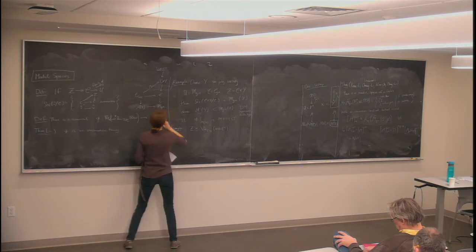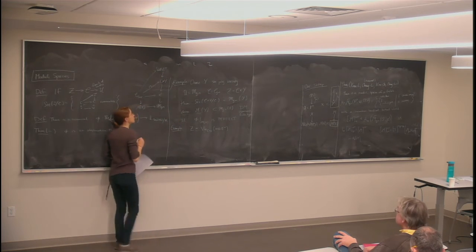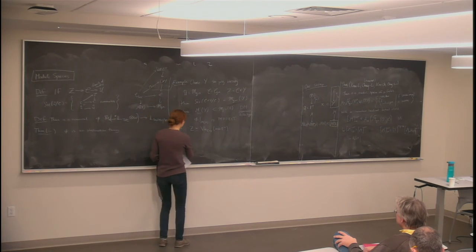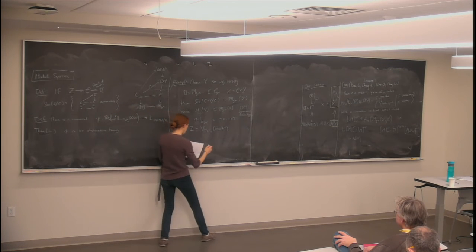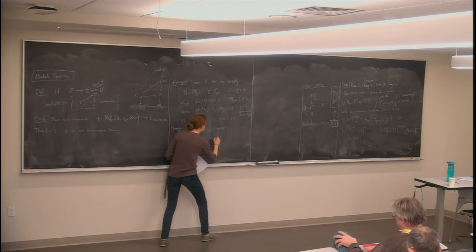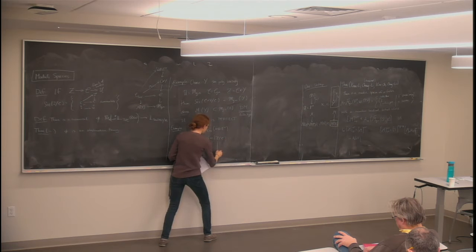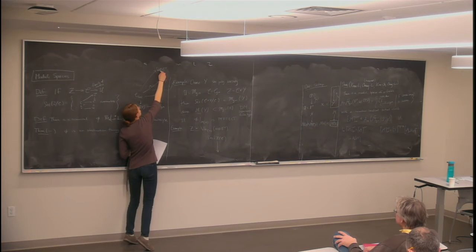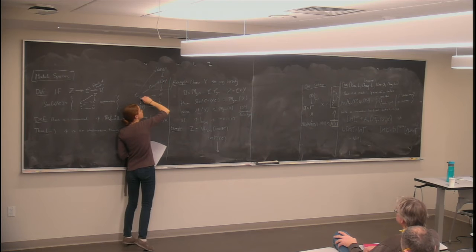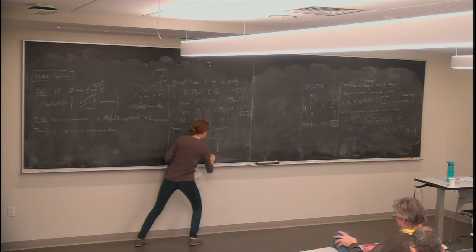And so now I can look at the moduli of sections for this guy. Using this thing right here, by composing with this structure map, I have a map to the moduli of sections.